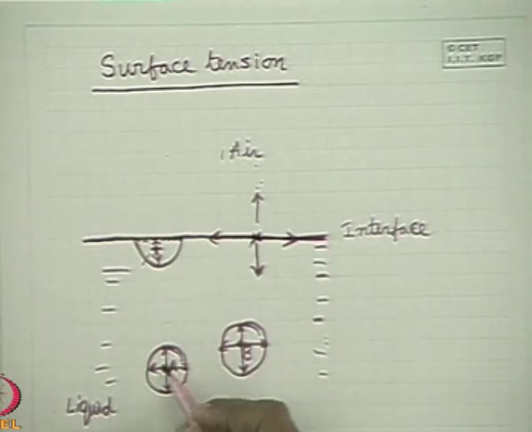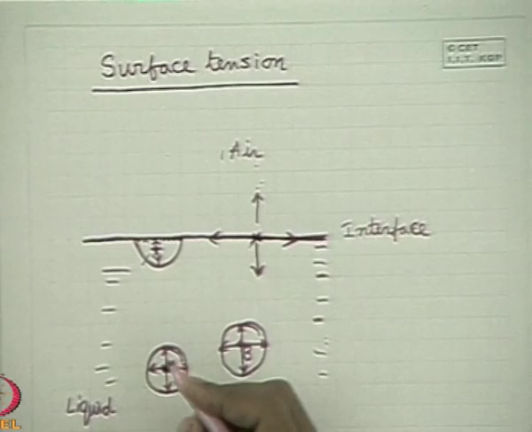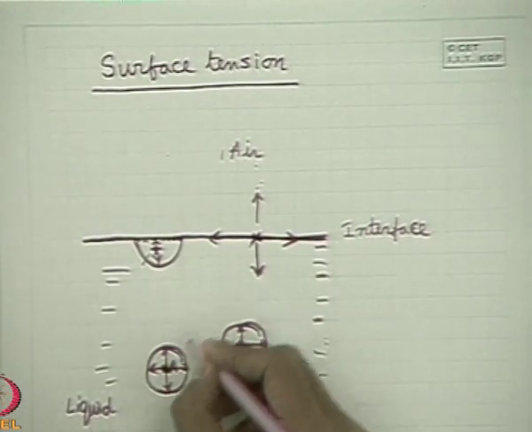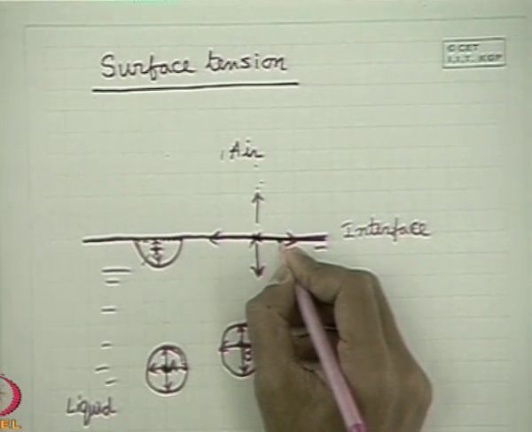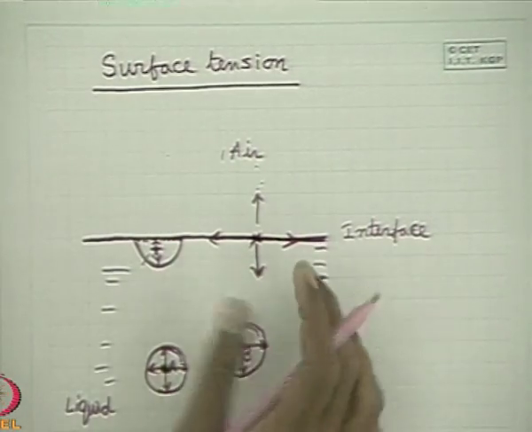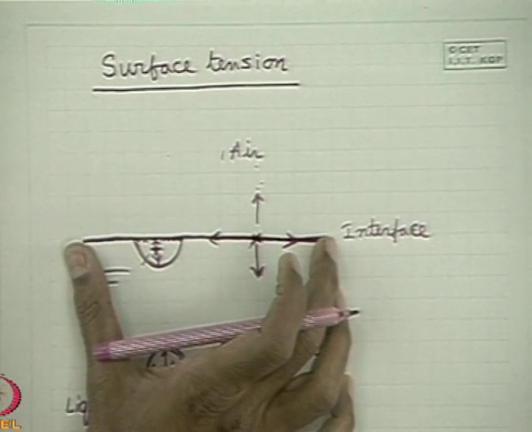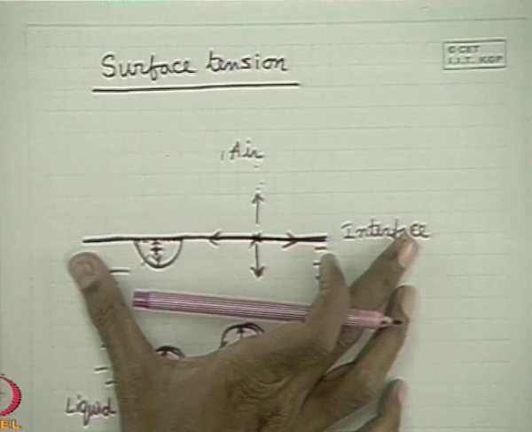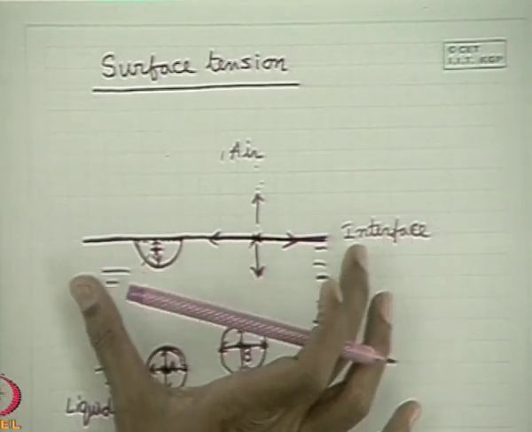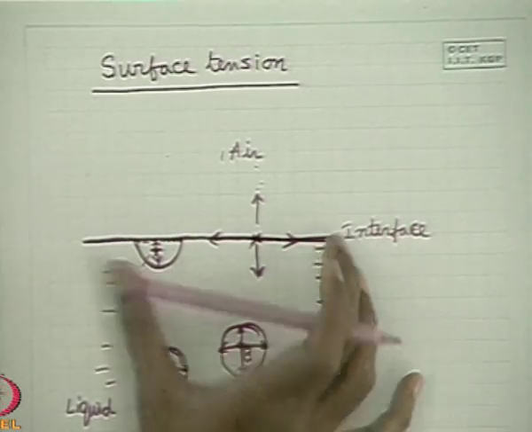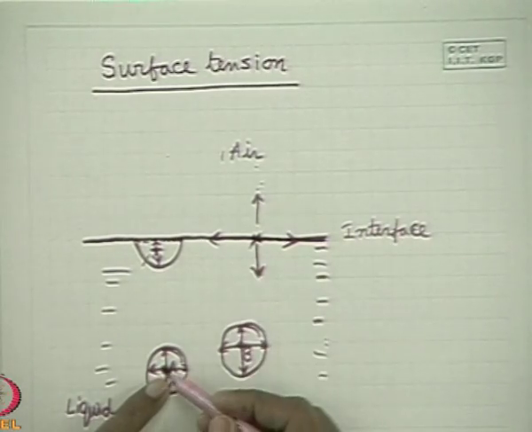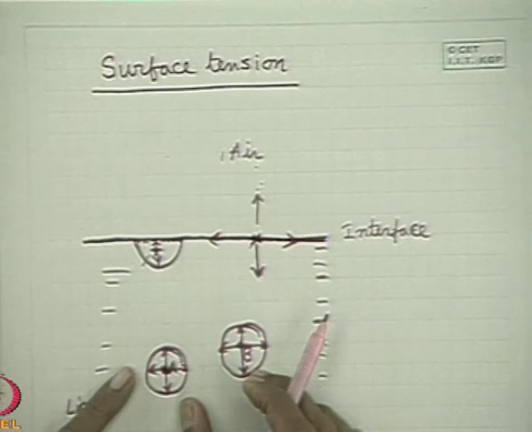So mechanical work is done when we bring a molecule from the interior of the liquid to the surface, which means that if we want to create a surface or interface, or increase the area of an interface which already exists, work is done. Why? Because the work is done against the inward attractive force of the molecules.